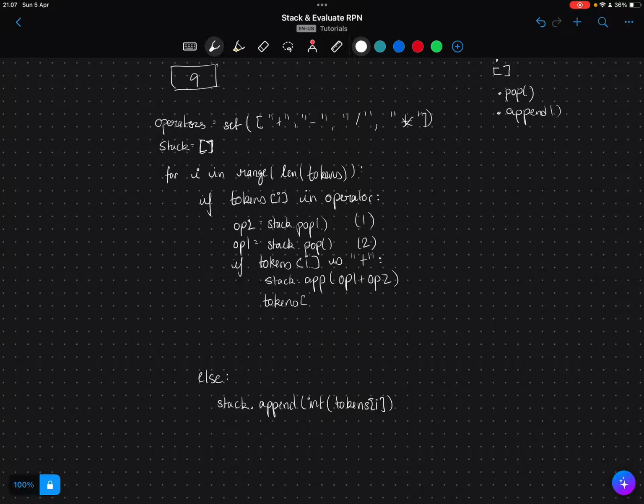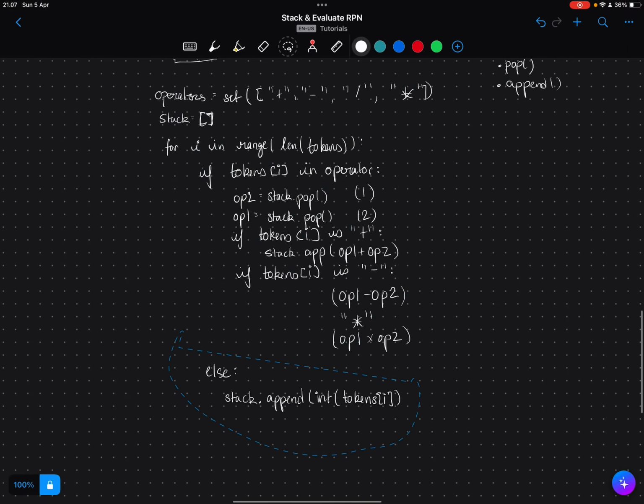Now I'll just write this shorthand way. I'll just do tokens[i], I won't bother writing the if and stuff. Then we will simply just do operand 1 minus operand 2 to the stack, right? If it is a multiplication, then just do the product.